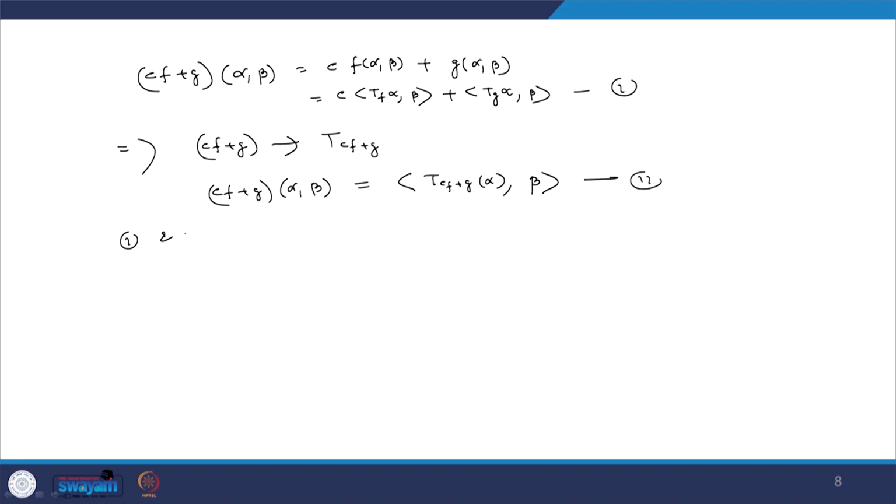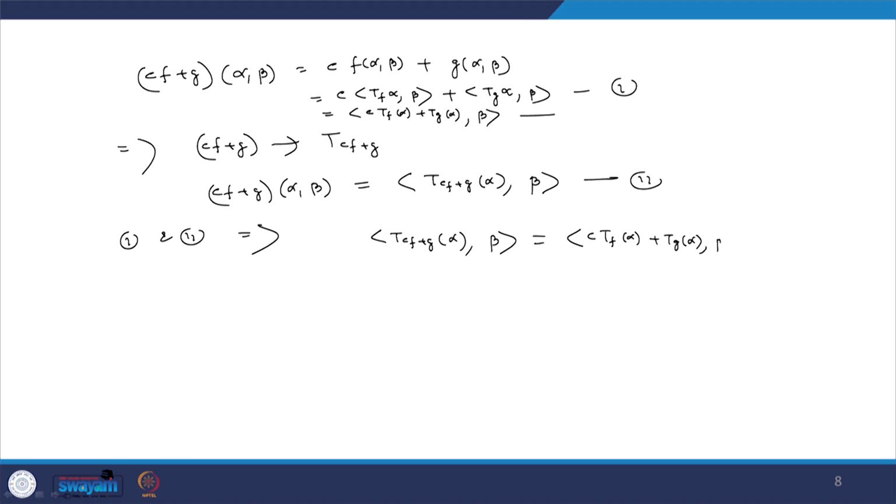This is suppose 1, this is 2. So, 1 and 2 imply, simplifying one more step, that this is equal to inner product of C times T_F of alpha plus T_G of alpha, comma beta. So, inner product of T_(CF plus G) of alpha and beta equals inner product of (C T_F plus T_G) of alpha and beta.